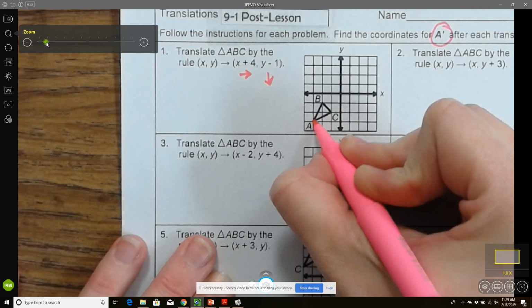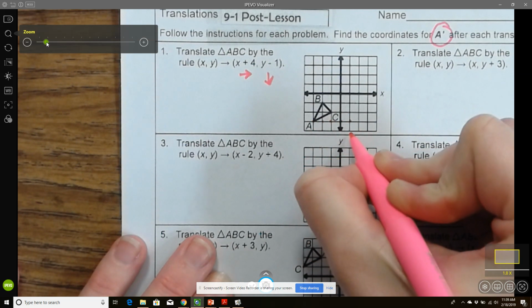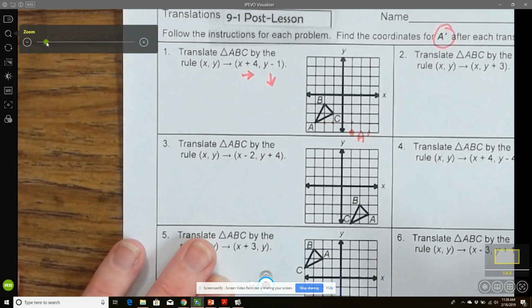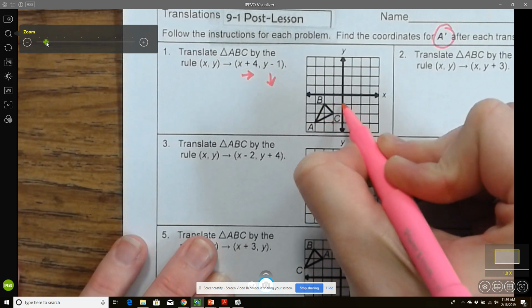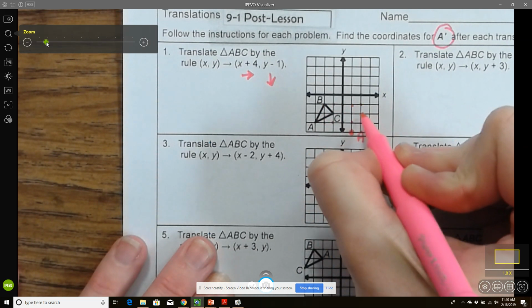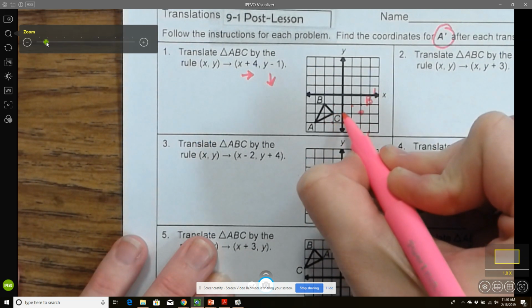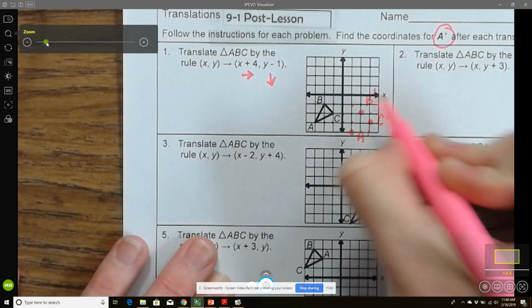So I'm going to do A first. So I'm going to go to the right 1, 2, 3, 4. And then I'm going to go down 1. And that's going to be A prime. So please be sure to label your points. So here's B, 1, 2, 3, 4, and then down 1. So that's B prime. And then C, 1, 2, 3, 4, and then down 1.